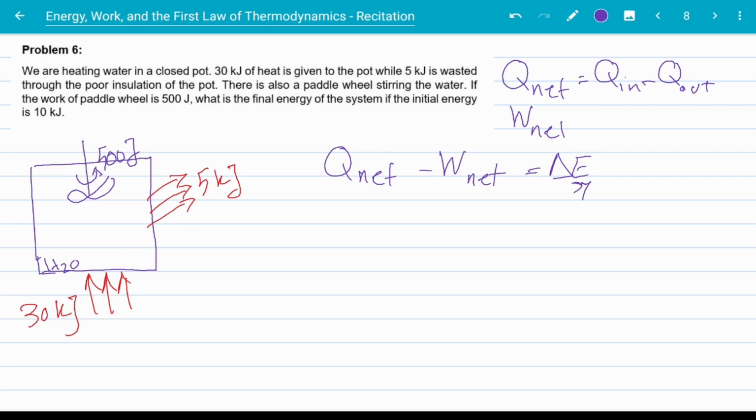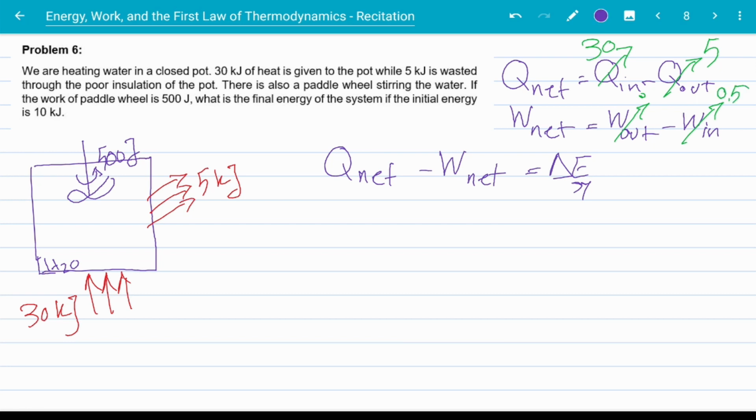W net is work out minus work in. Q in is 30 kilojoules. Q out is 5 kilojoules. Work out, there is no work going out, is 0. Work coming in is 500 joules, which is 0.5 kilojoules.